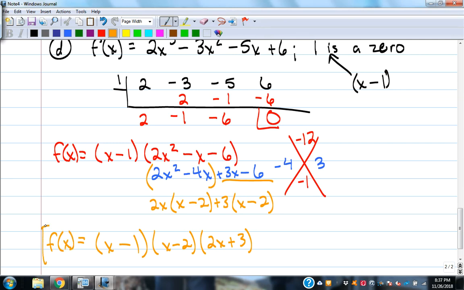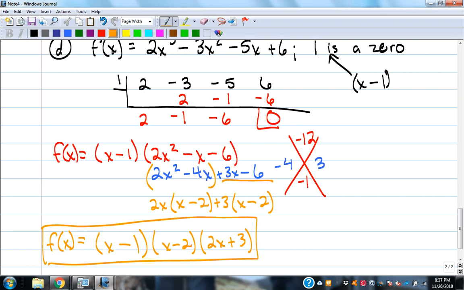There is the factored form of that polynomial. That quadratic won't always factor, but if it says factor completely, we've got to try to factor it. Because if it'll factor and we don't do it, we didn't factor it completely. Okay.